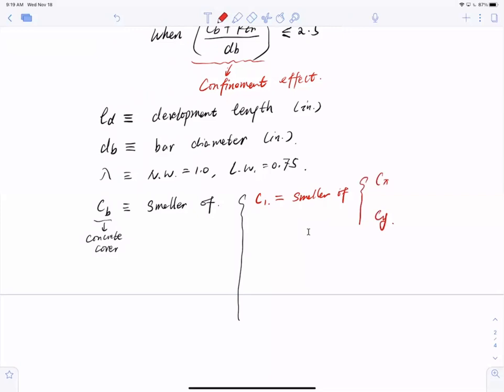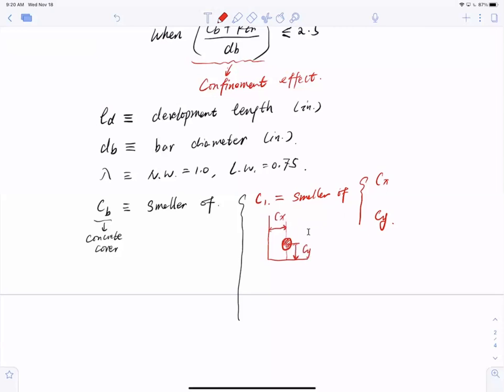To help you understand, let's draw a figure here. If my bar is right here, this is the rebar in the cross section, and this is the edge of the concrete. CX is the distance between the horizontal edge and the center of the bar, and CY is the distance between the center of the bar and the bottom surface of the concrete.